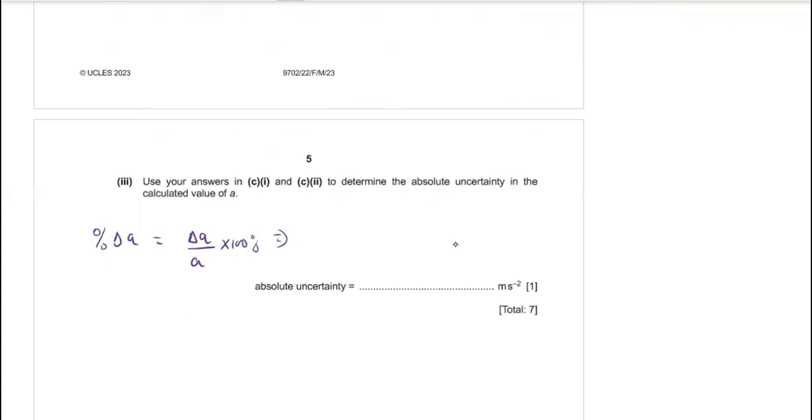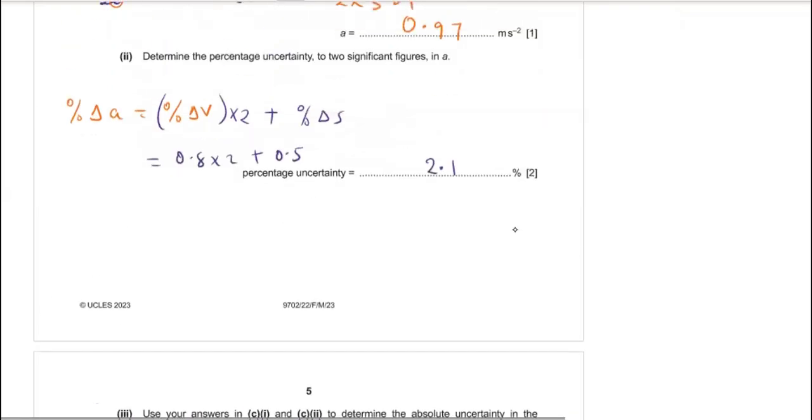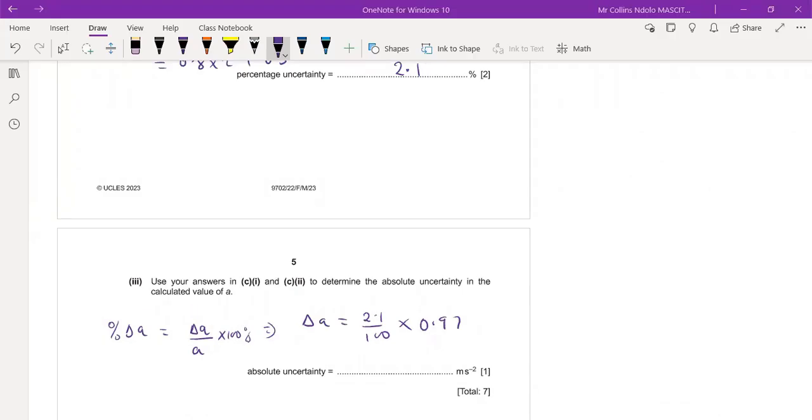So the absolute uncertainty will be this percentage uncertainty, 2.1 over 100 times the value of A, which is 0.97. This gives us 0.02037, but to one significant figure, we get 0.02 meters per second squared.